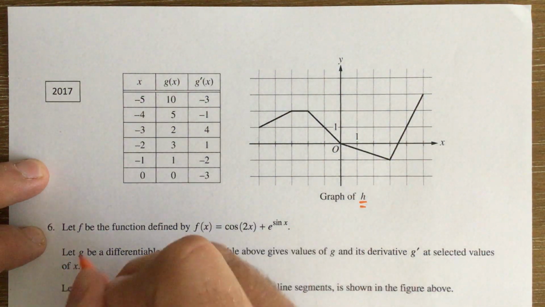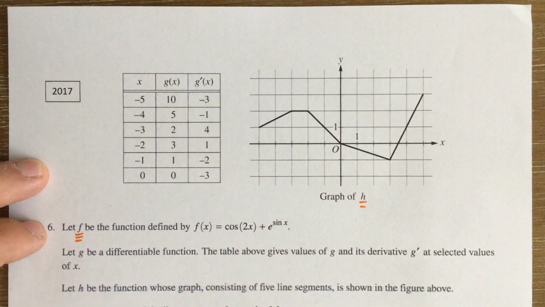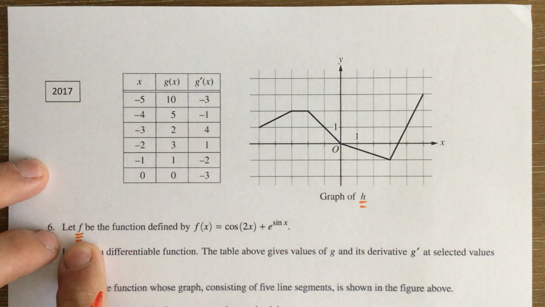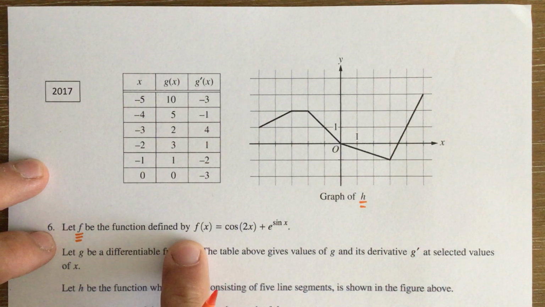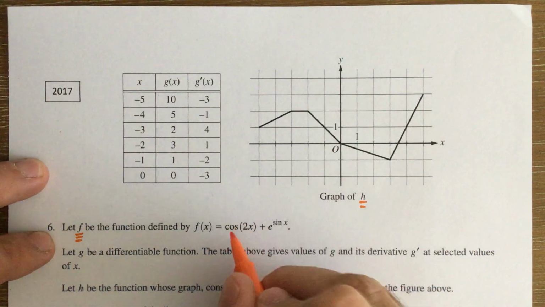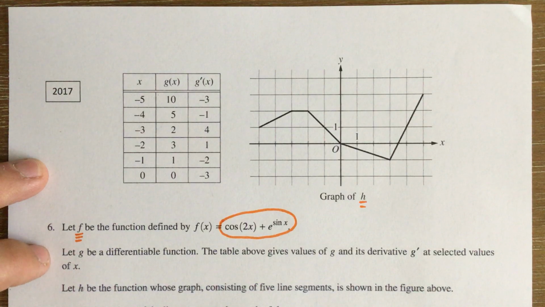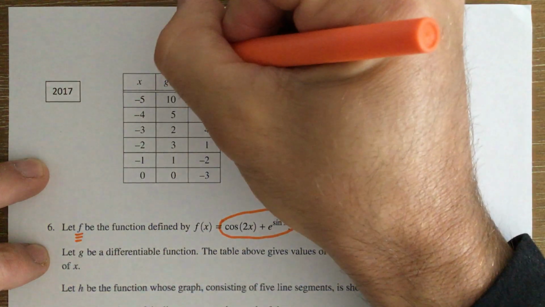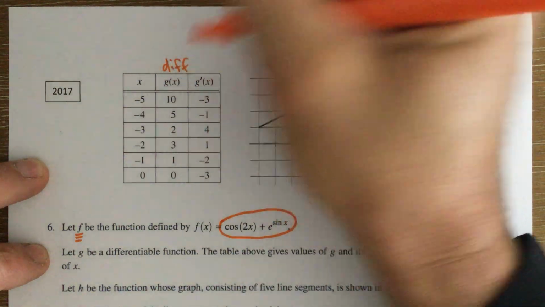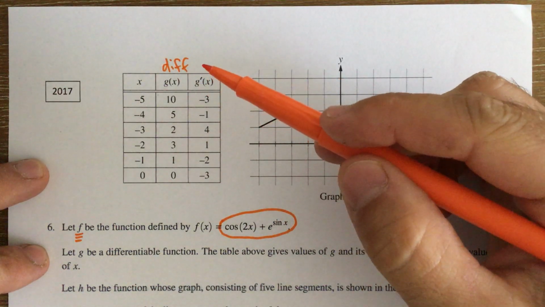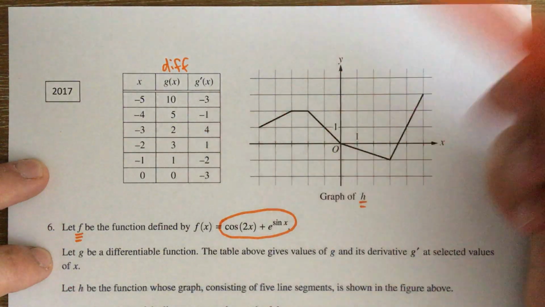And of course, the first thing they do is introduce a different function. So we have g, h, and we also have f. Let f be a function defined by f of x equals, so we have the function f, we actually know what it is. Let g be a differentiable function. So we know we could take derivatives there. Right, so that means we could use all kinds of theorems. We also can take derivatives, obviously.